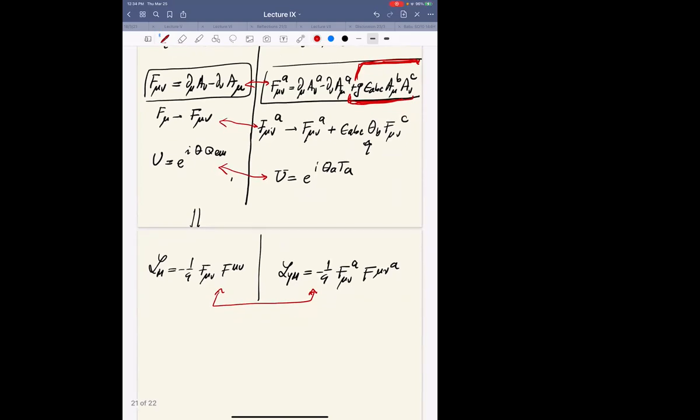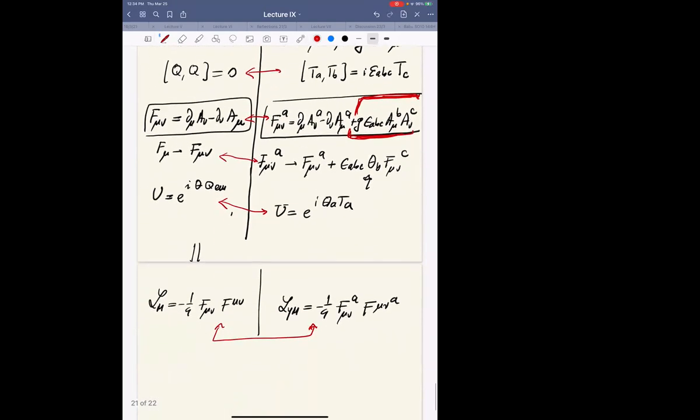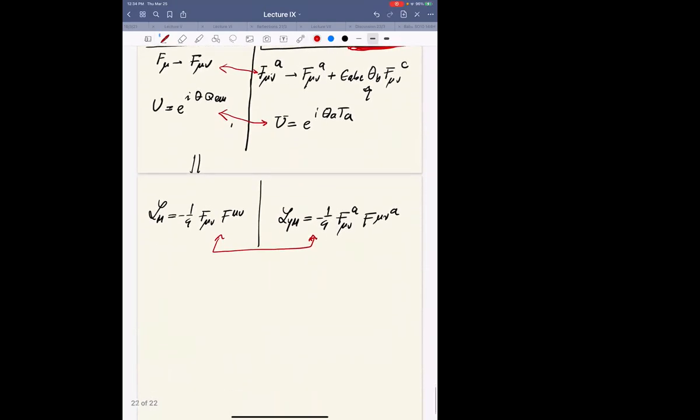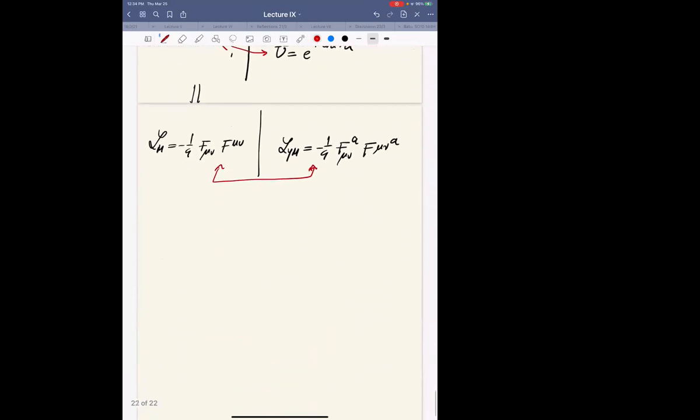So if I want to study the SU(2) breaking, I don't know if I should go on today. Well, I can just start. Let's do the SU(2) gauge theory, as I said.